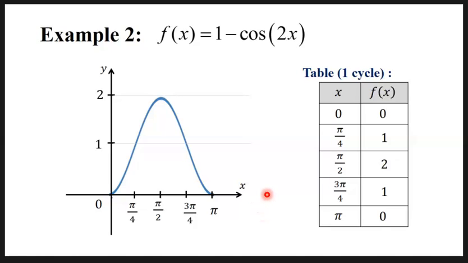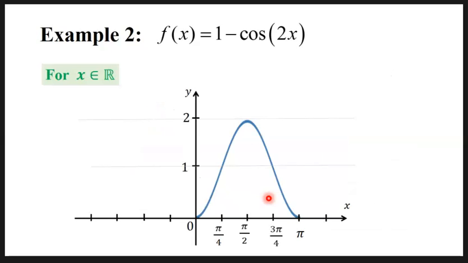After I have this one cycle graph, I am going to use it as a foundation to extend into other domains required by the questions. Let's say they ask us to find the graph for the domain of all real numbers. If this is the size of the coordinate axis that I sketched initially, the coverage will be the full coordinate axis.